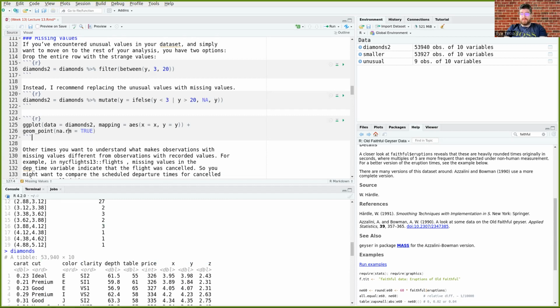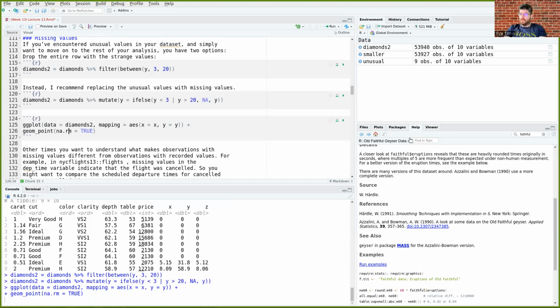And to plot, geom_point is the point plot of our values where x is x and y is y.